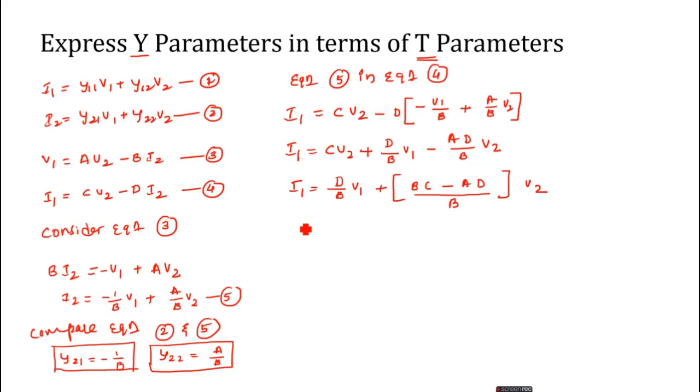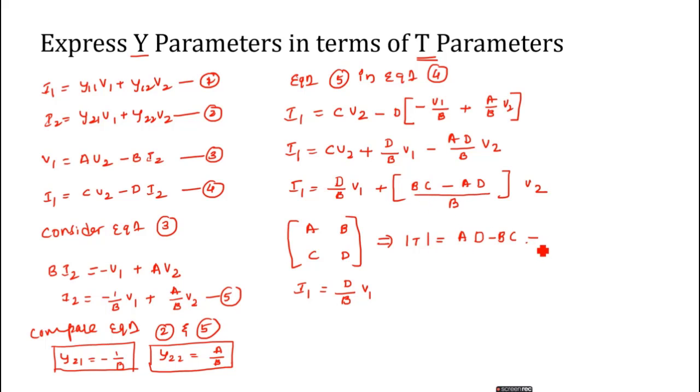Okay, if we write t parameters in terms of matrix, its determinant equals AD minus BC. Determinant of this matrix is what? A into D minus B into C. Using this property in this equation, we will get I1 equals D by B into V1 here.